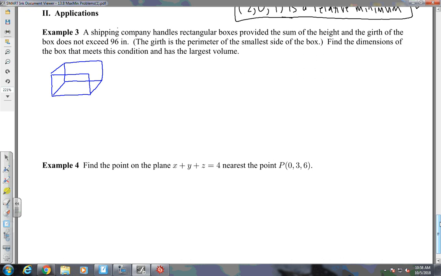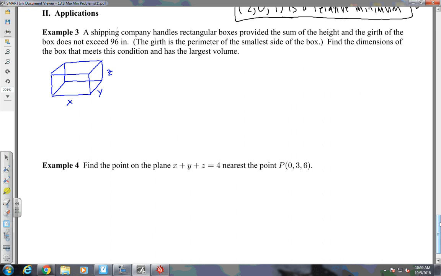This box has dimensions, let's call them X, Y, and Z. You can call it length, width, and height. Whatever you want to do is fine. Now, the restriction here says that the girth of the box, which is the perimeter of the smallest side of the box, cannot exceed 96 inches.